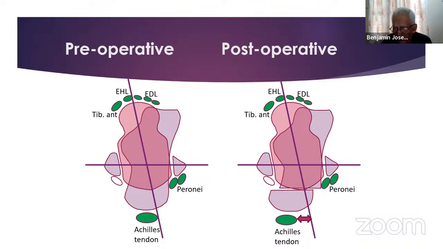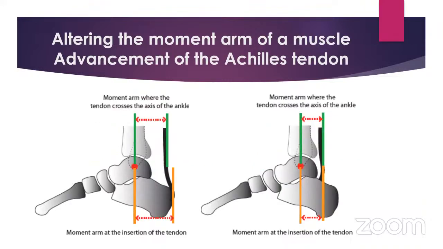And being a powerful muscle, it manages to do that quite well. You've not touched the muscle. You've just osteotomized the tuberosity of the calcaneum and shifted the tuberosity medially. So this is a calcaneal displacement osteotomy, which embodies the principle of altering the moment arm.